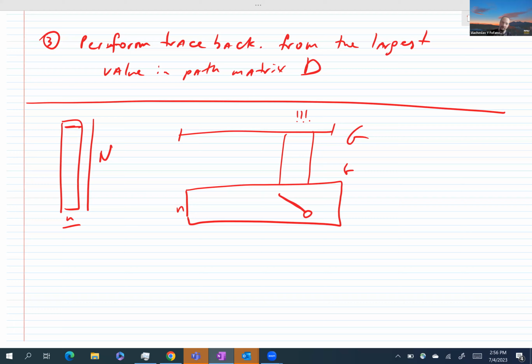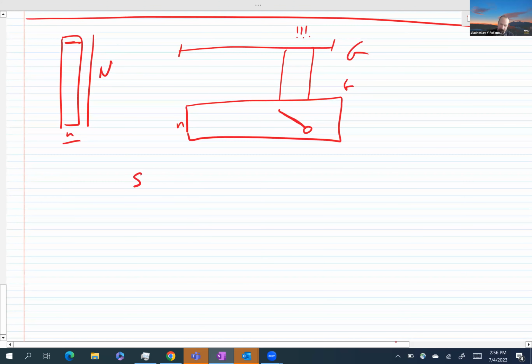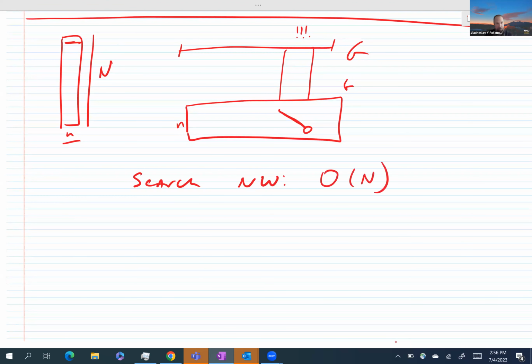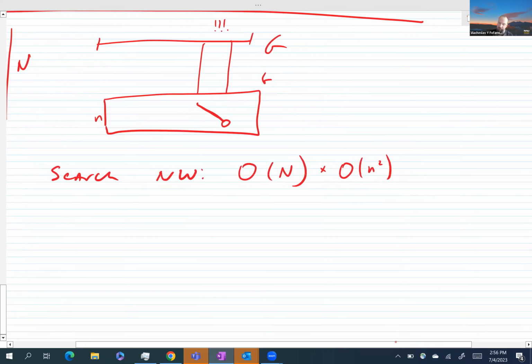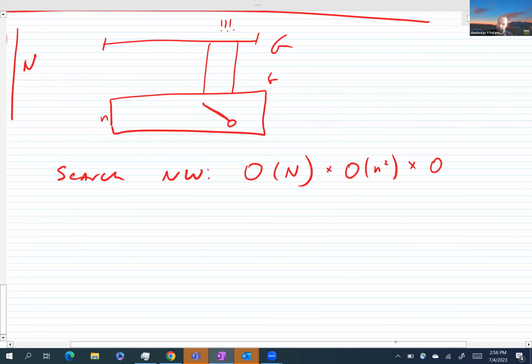Great. So what does this mean for search time? Remember, search time for Needleman-Wunsch was O of N, because that's how many queries we have, times O of little n squared, because that's the Needleman-Wunsch matrix of little n by little n. And we would have to do that O of G times.